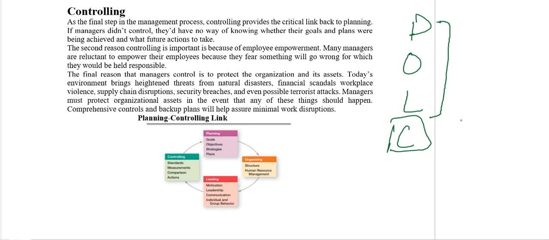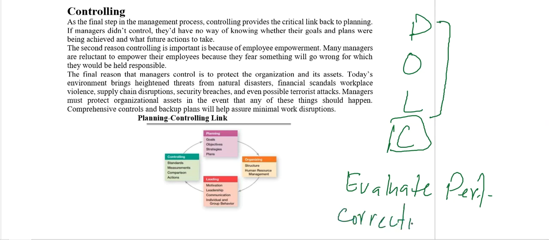So students, controlling is a process where we evaluate the performance of employees and we decide whether we need to take any corrective action or we do not need any corrective action.